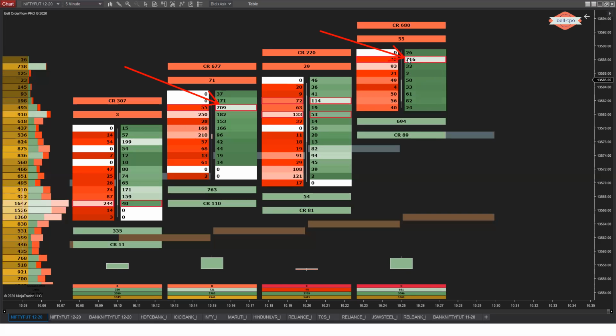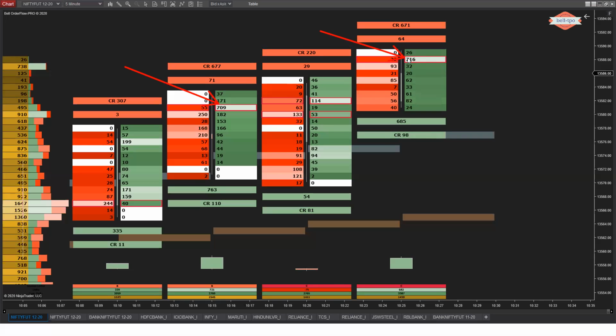You need to know what kind of day it is and what kind of players you're competing with. Are you competing with big players or small traders? What kind of zone are you in, whether absorption is happening or initiation is happening? There are too many things you have to track, and order flow gives you a one stop to monitor everything at one single place.